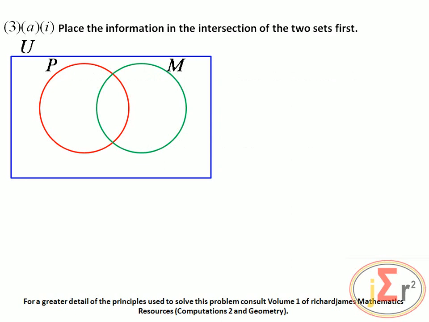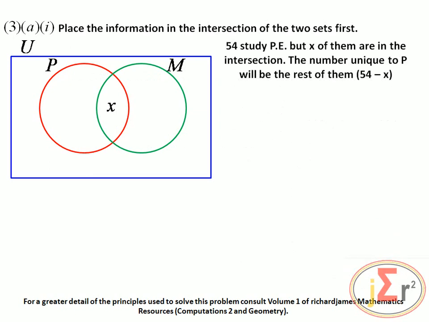So place the information in the intersection of the two sets first. Of course, we have x study both PE and music, and 54 study PE, but x of them are in the intersection. Therefore, those who are unique to physical education will be 54 minus x.